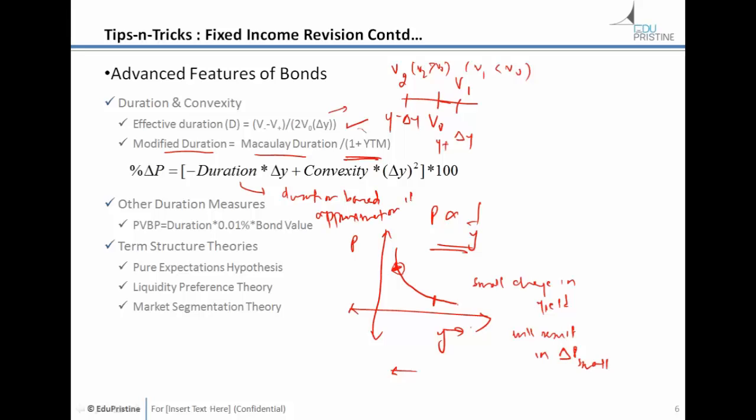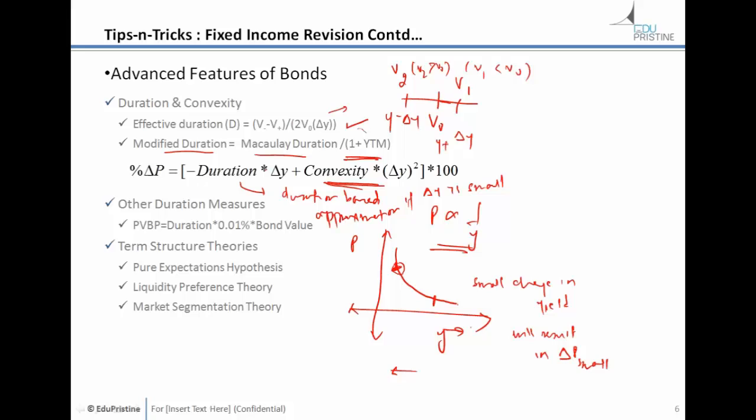It does not hold true if delta Y is large. So in such a case, I have an additional term which is nothing but the convexity. So the percentage change in price of this bond will be minus duration into delta Y, because duration as a number will be a positive number. However, duration reflects the change in price for some change in yield, which means it has to be a negative number.